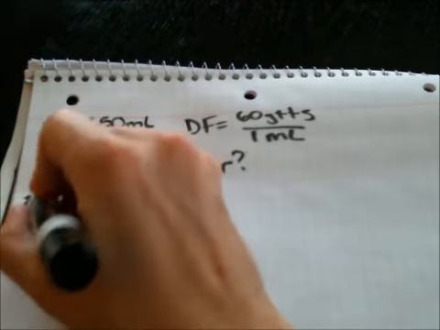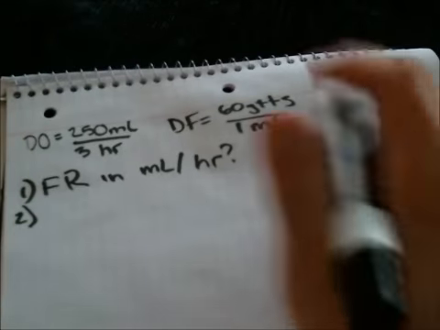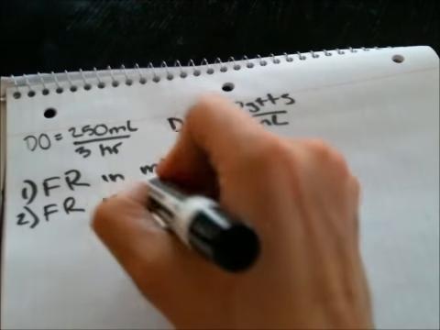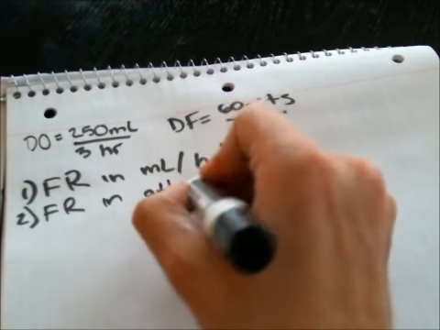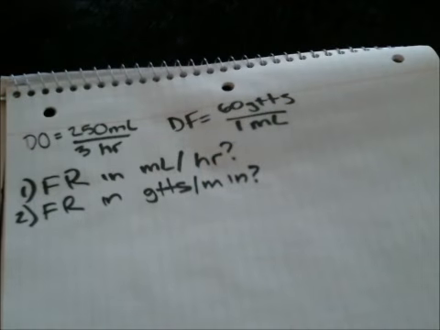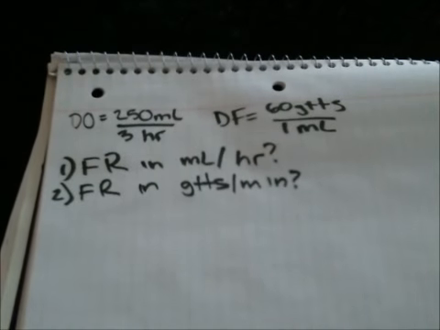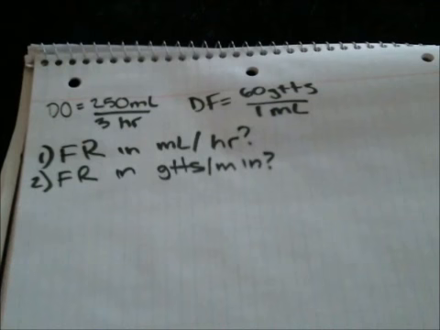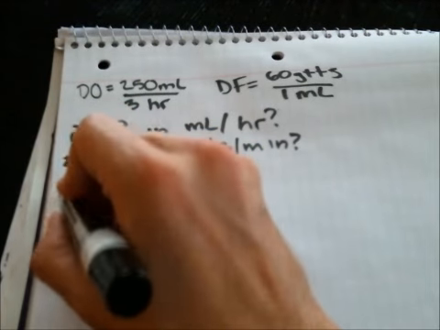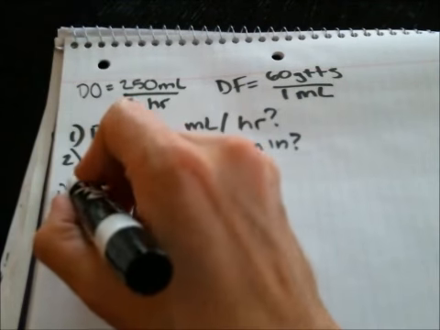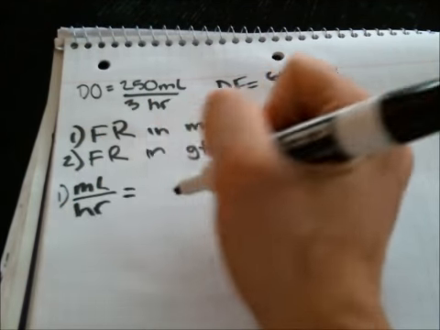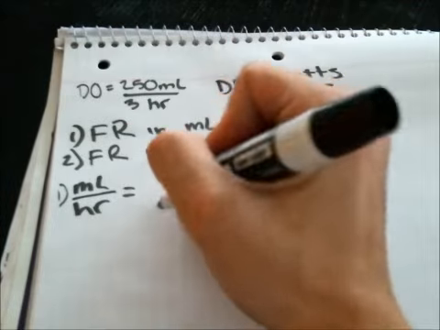And question number 2 is flow rate in drops per minute. Okay? You'll see the flow rate in milliliters per hour is very simple. So let's work on it. What we're looking for is milliliters per hour, right? That's right there in the question. So we plug in the information we have.